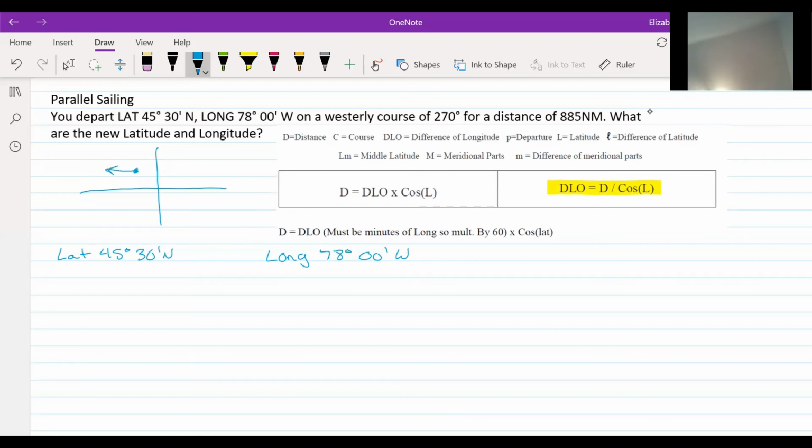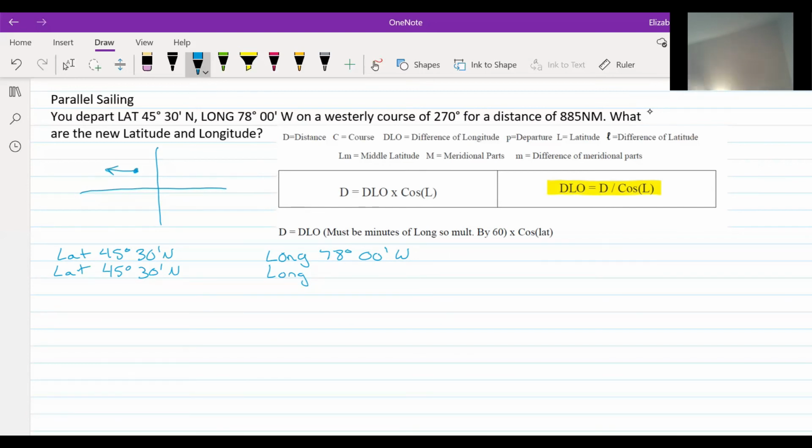So our latitude will stay the same. We know our latitude is still 45 degrees, 30 minutes north, but our longitude will be greater or smaller than the current longitude. We may need to think about it. We are in the western hemisphere and we're going further west.